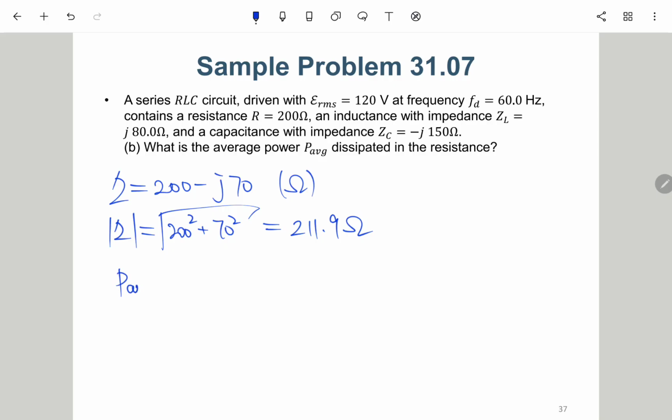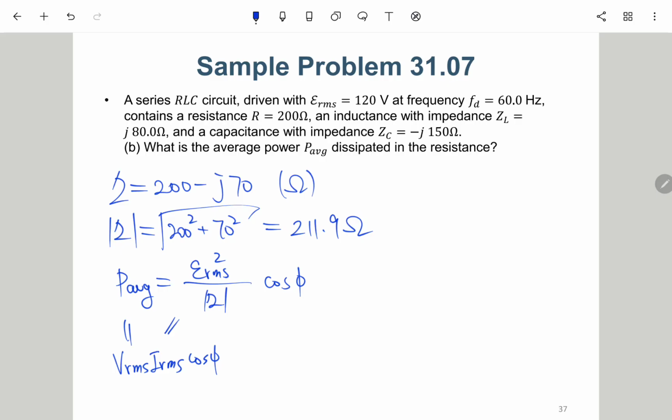Okay, so P average will be E_RMS squared over the absolute value of Z, and then cosine of phi. So why is it like that? The reason is that this is nothing but V_RMS, I_RMS, and then cosine of phi.